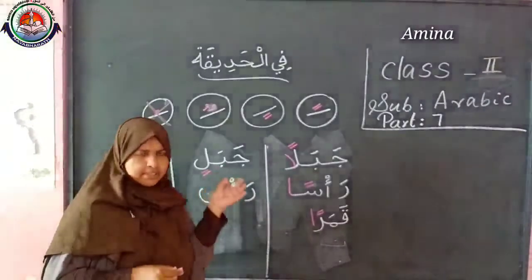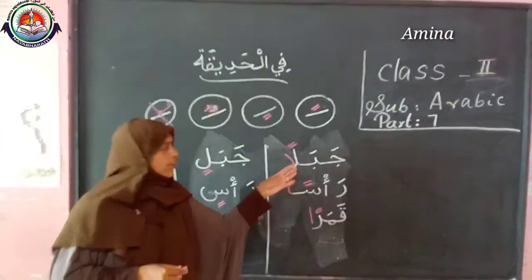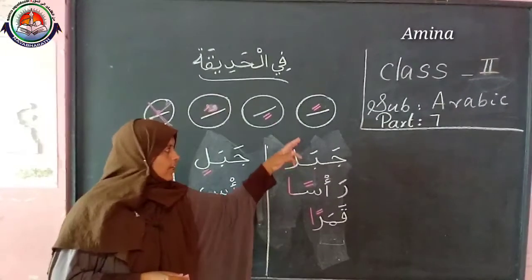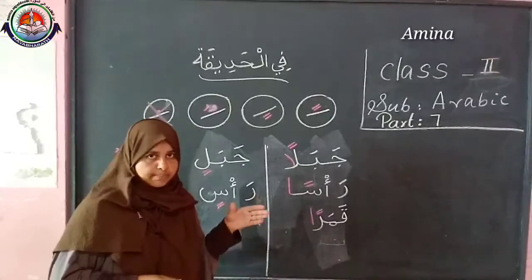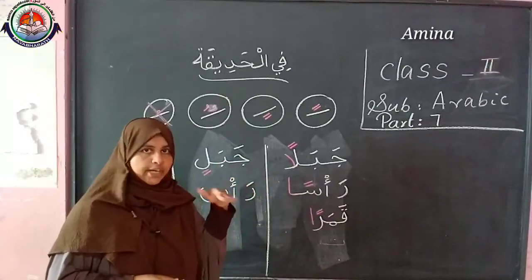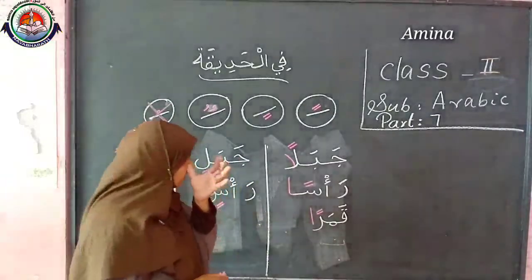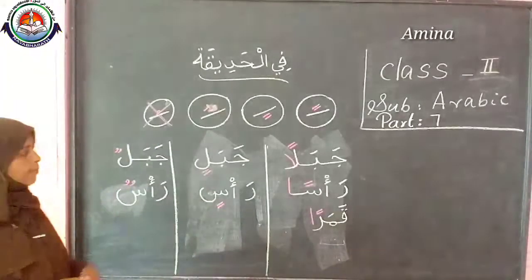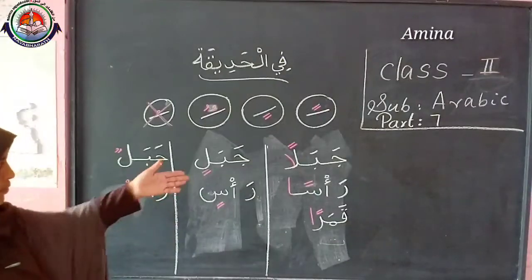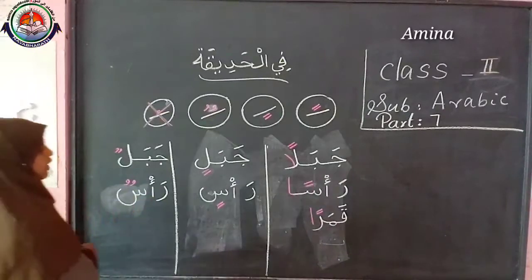In some cases we cannot put this alif. For example, above hamza or above ta marbuta. Like those words we don't want to put this alif. Okay.